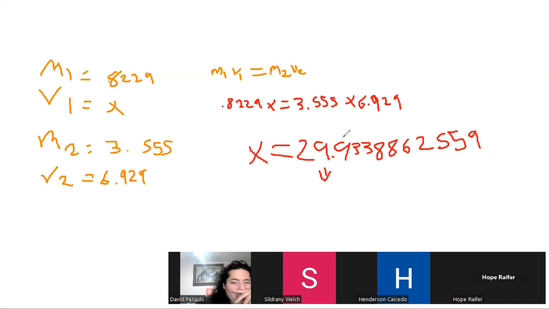Got it. By diluting 6.929 mLs. Okay. Sorry, I have food in my mouth. It's all good. I had my dinner while on the session too.